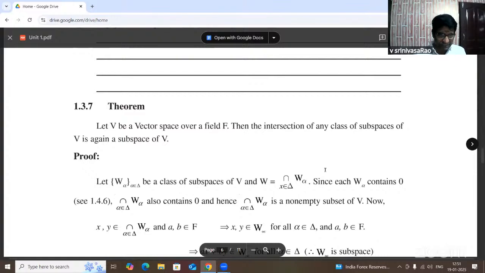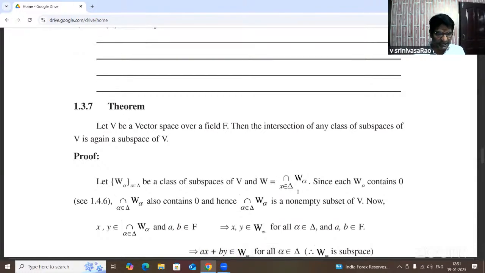Now just you have to see here. This is the arbitrary intersection of W alpha or Wi. Here delta represents the index set, meaning i varies from 1 to the number of subspaces: W1 intersection W2 intersection W3, and so on.